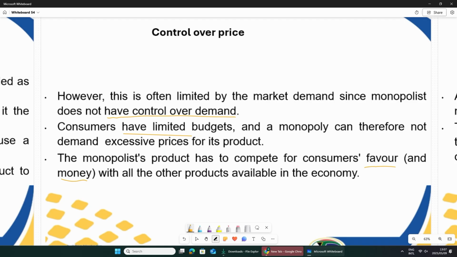Another reason is that, remember we said some monopolists are regulated by the government. For example, ESCOM, when it wants to increase electricity prices, does not just increase them, it's regulated by the government. NESA is there to regulate the increase in prices of electricity. So the increase in price is affected by government regulation.